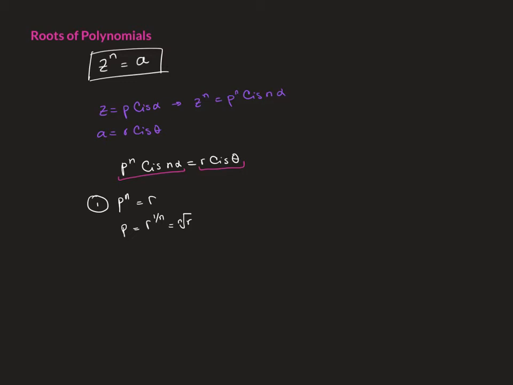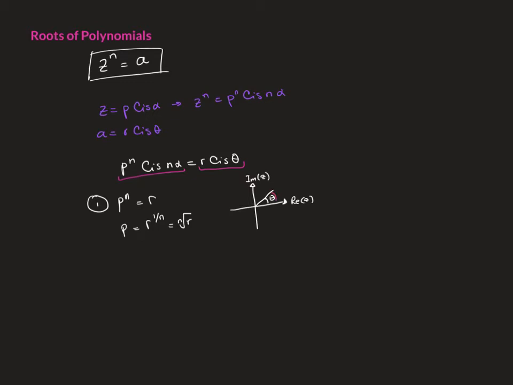Now the second thing that we mentioned is that their arguments need to match. What that means is that if my number a has an argument theta right here, then the argument of z power n, or n alpha, has to match that same end point.